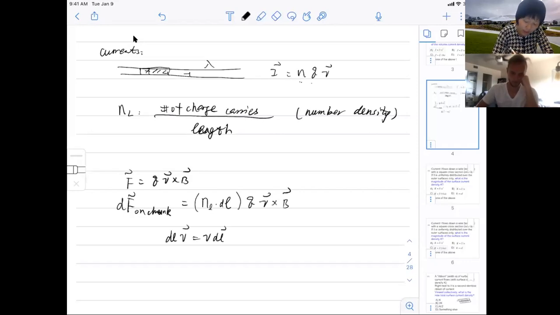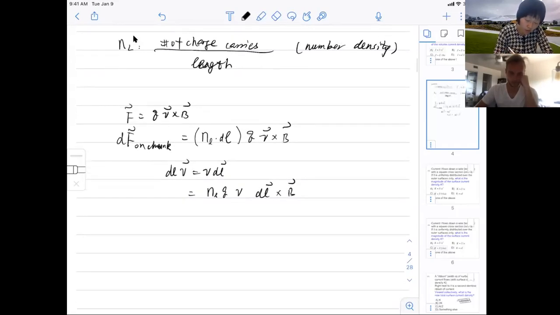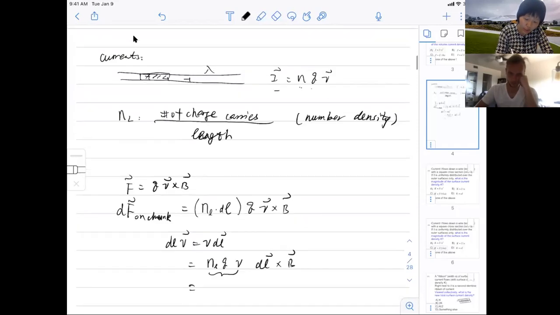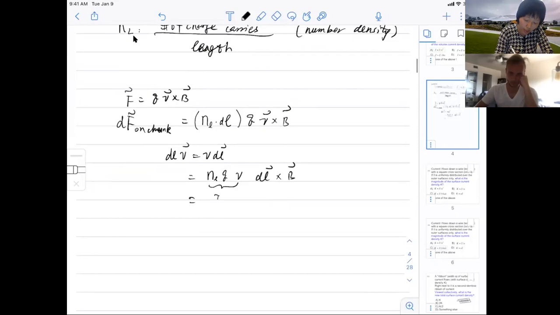So I can rewrite my force using N times Q times V dl cross B. And NQV, you can see, is just our current I magnitude. So it's I dl cross B. This is probably something you're familiar with. This is the Ampere's force.